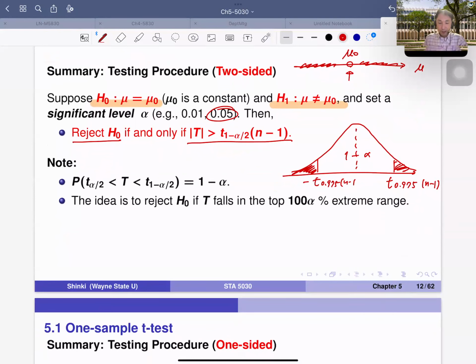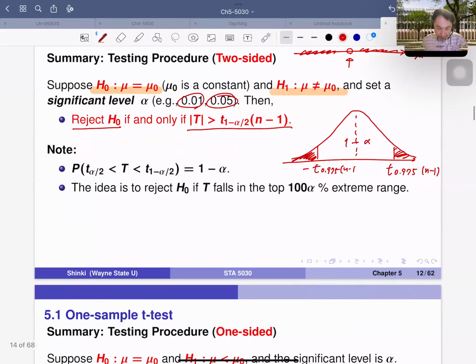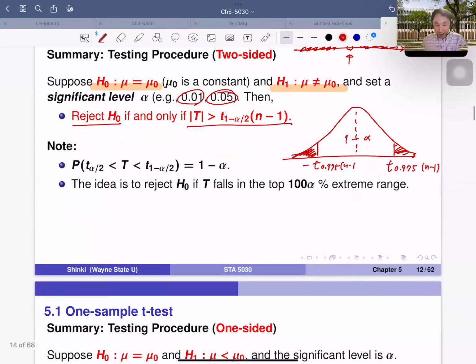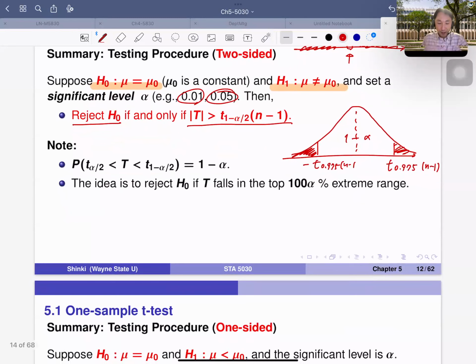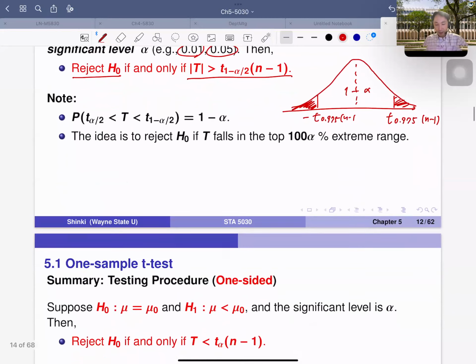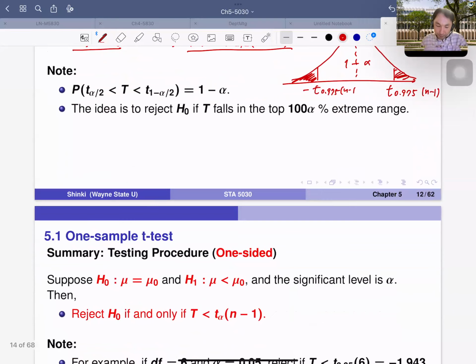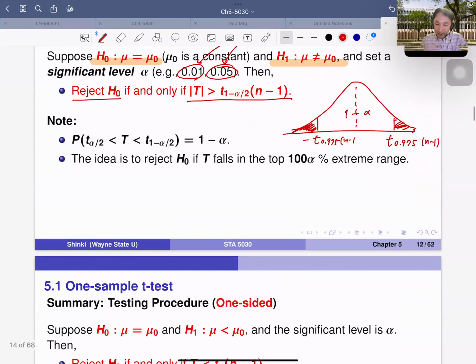If you are more conservative, then you can use alpha equal to 0.01. But if everyone changes this number, it's a little arbitrary. So usually we use 5% or 1% for testing. 5% may be the most popular number in many areas. It also depends on the application.